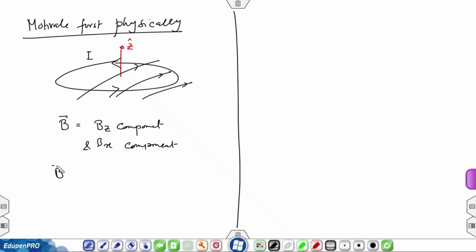So, that B is Bx i plus Bz k, and the components are uniform. You will see that in this case, in the first approximation, I do not really have to worry about the variation of B as I had to do in the force, because the first non-zero force component came from the gradient of B. Here I do not really have to do that.